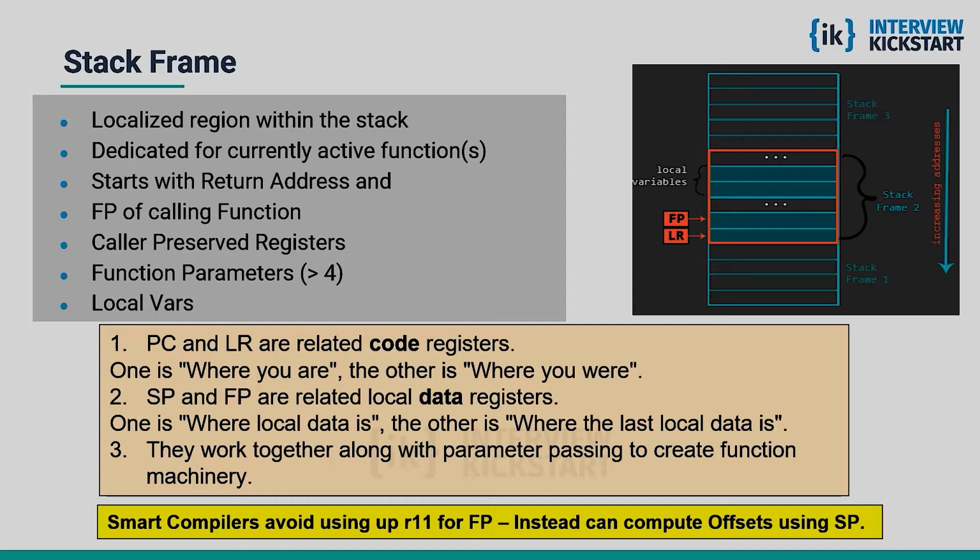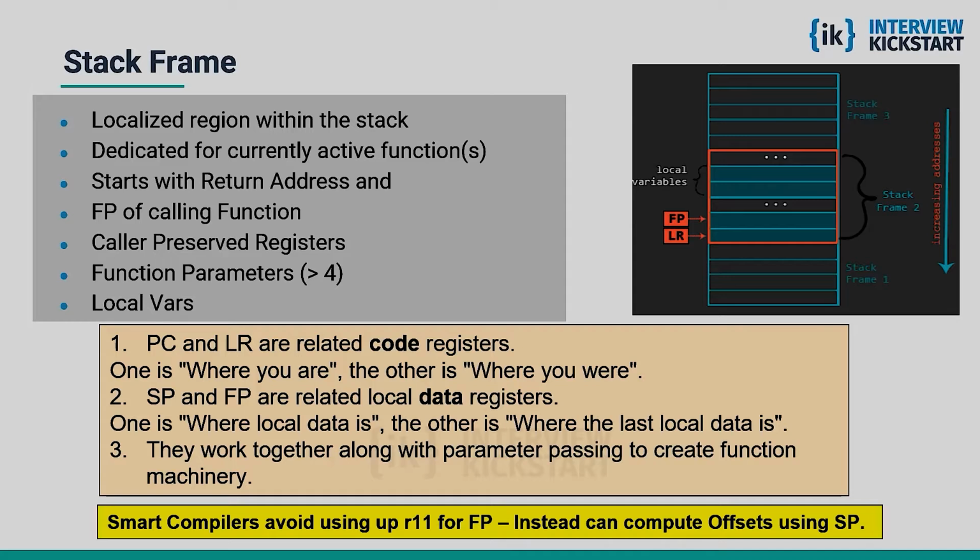Many functions can be active at a time, because functions may call other functions, and until all the functions called have returned, this function cannot return. So these functions are getting nested. For each such nested function, there must be a set of locations dedicated in the stack, and that is what is called a stack frame. It is a localized region within the stack dedicated to the currently active function.